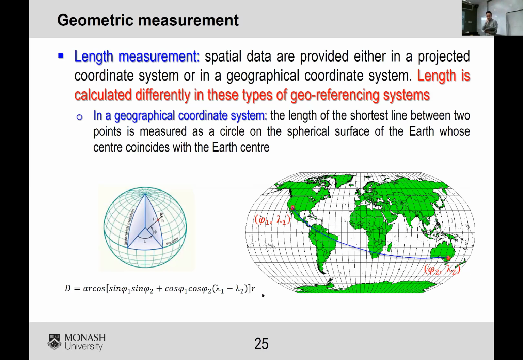And then in the geographic coordinate system, as we mentioned in the very first lecture in this unit, it's not a straight line, but an arc segment of the great circle. So this distance here is calculated using this equation based on the latitude and longitude of the points on the spherical coordinate system.